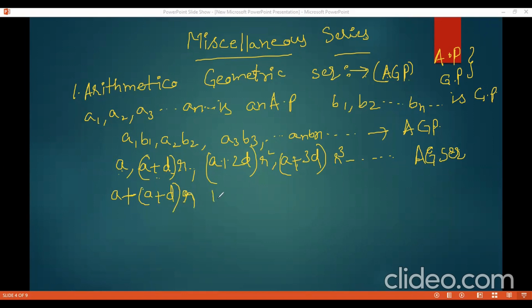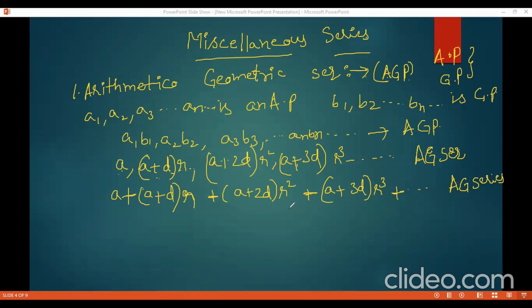Understood? So a, plus a plus d r, plus a plus 2d into r squared, plus a plus 3d into r cubed, plus so on. This is the arithmetico-geometric series.